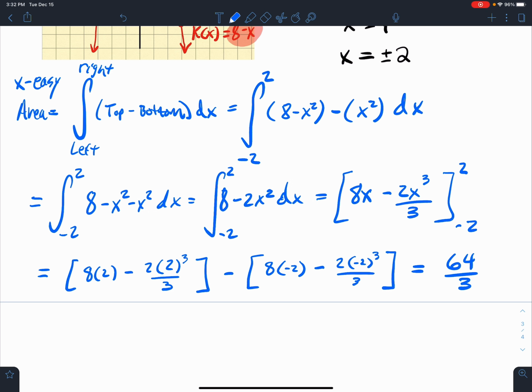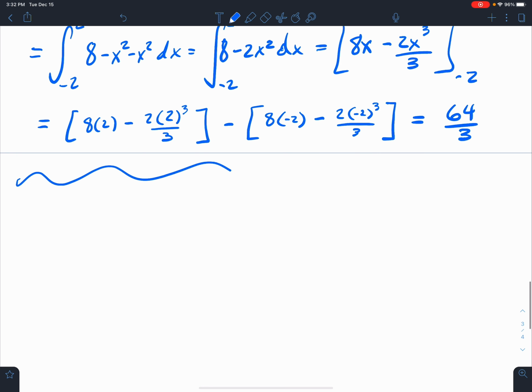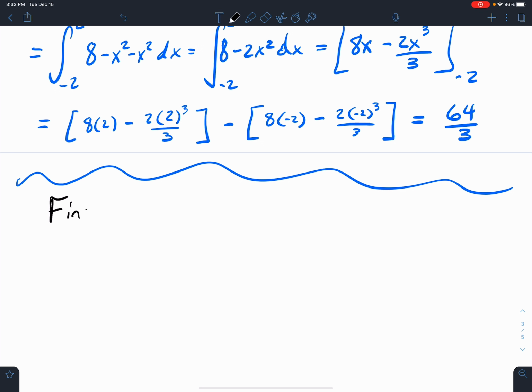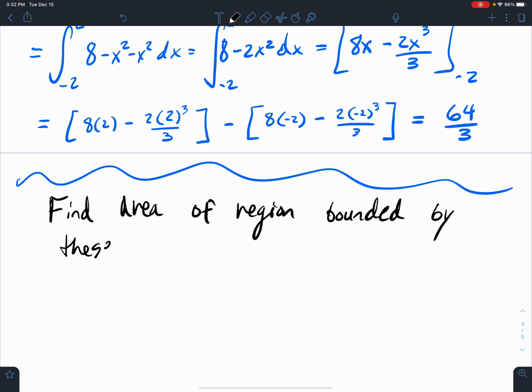Now, I want to find the area of the region bounded by these curves. So another one that's very similar to this problem. Find the area of the region bounded by these curves. y equals x cubed and y equals 4x.